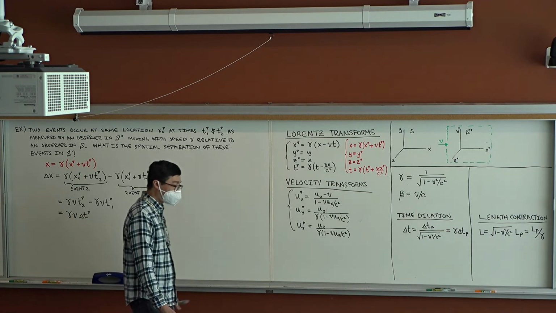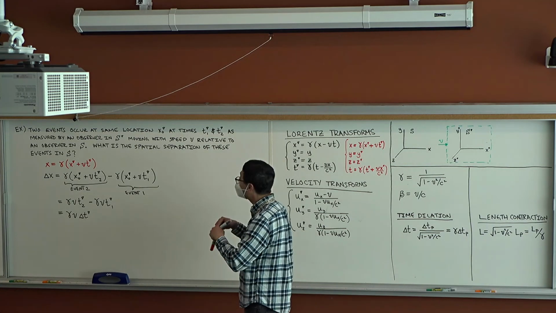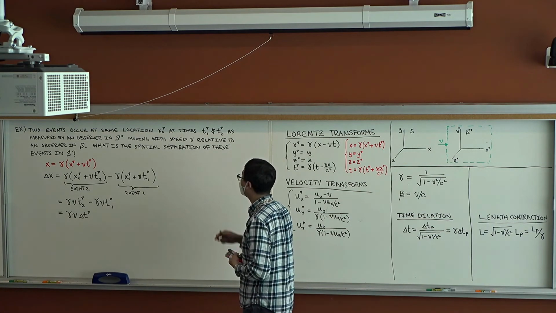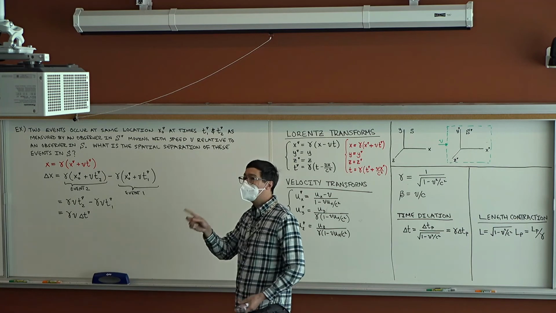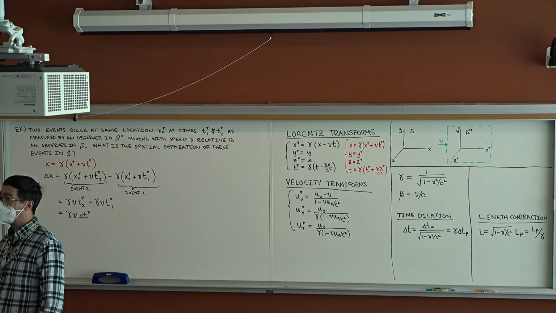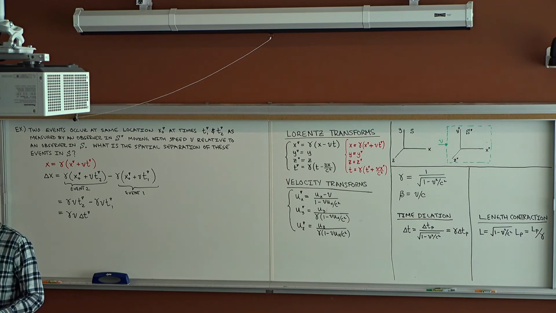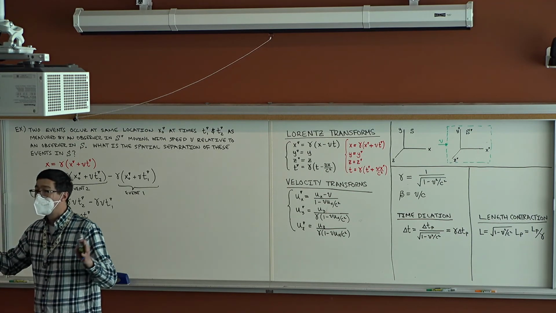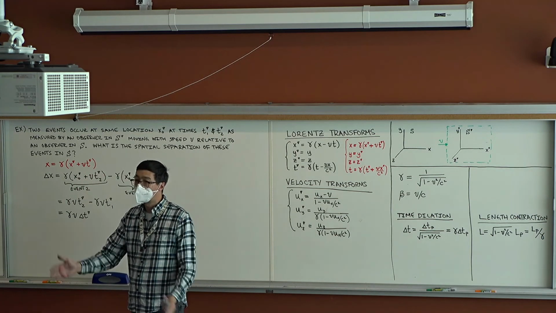But we started today by saying that if an observer measures both events occurring at the same location, that person can measure the proper time interval.